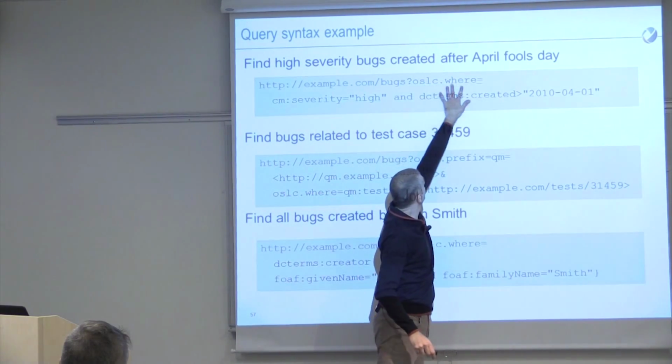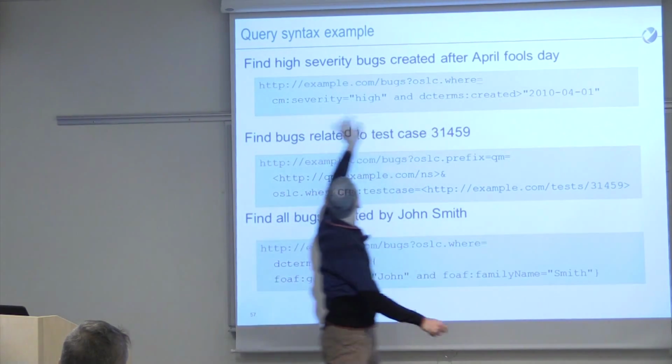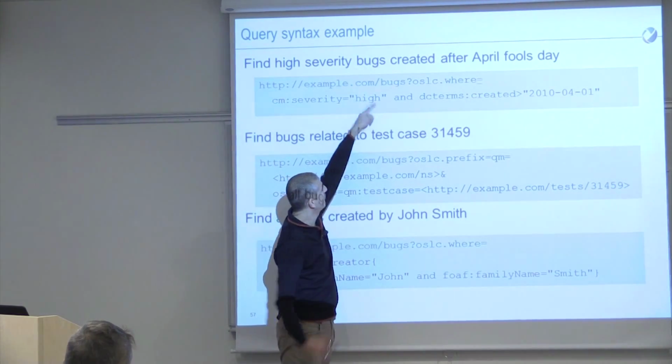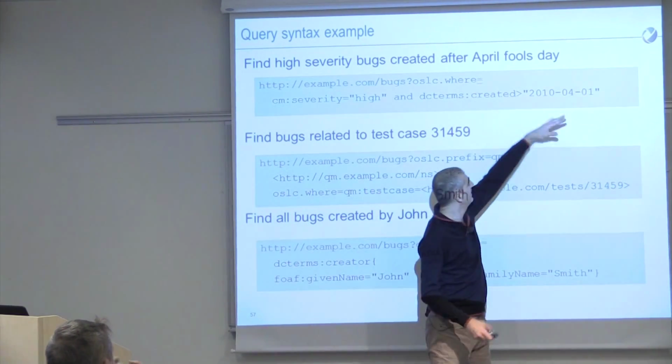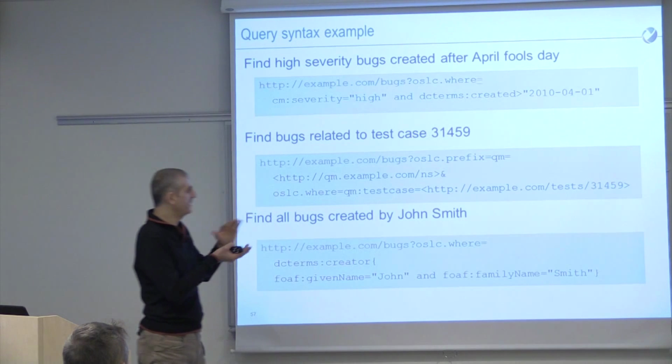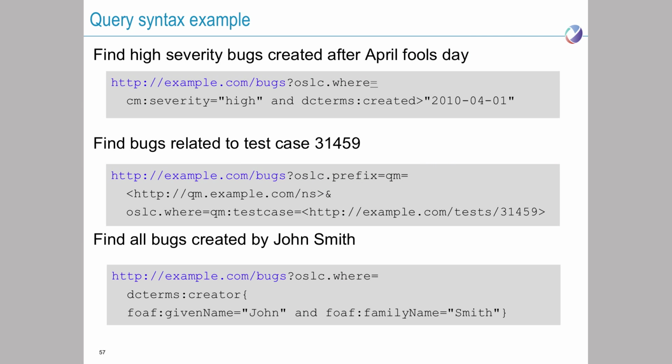Then you add to it these parameters: the where, which is what property should have what value, and so on. It's quite a simple syntax for the kinds of queries you do. I think it's a subset of SPARQL, I don't know if I'm saying it correctly, but it follows that, and it's very simple. So you're not meant to do very complicated queries with this support, but at least the basics you can do.